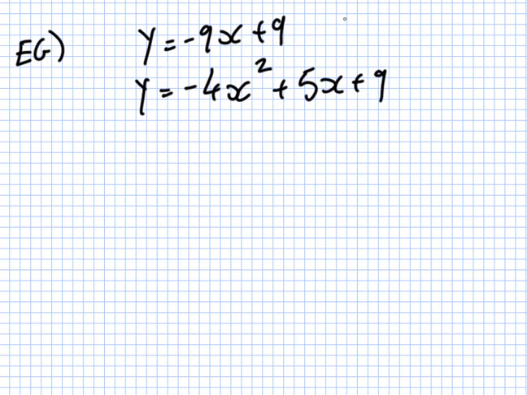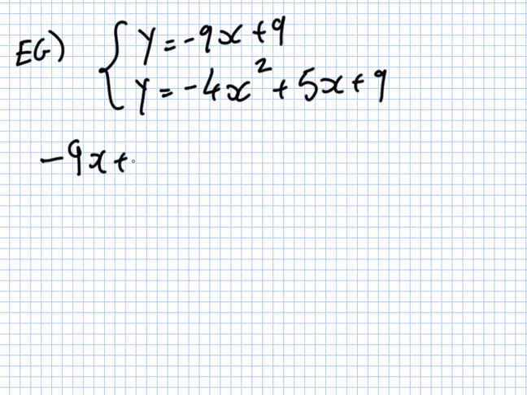So drawing is one way, but what else could we do? You could solve this and see how many answers you have. If you have one answer, it's a tangent, and if you have two answers, it's a secant. So let's see what happens if I solve this.